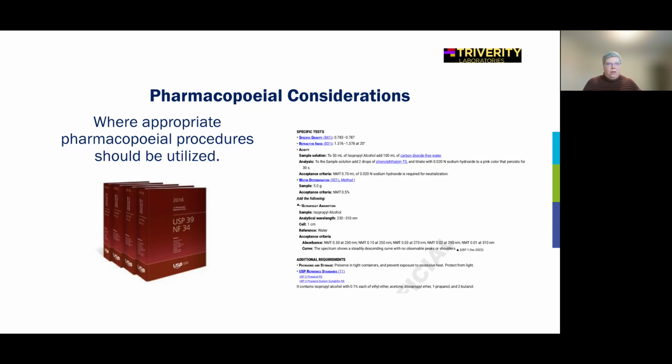As an example, if you have an API, it has a certain manufacturing process, so it's going to have a certain list of impurities. The starting material, the intermediates, maybe even the degradants could be different for that API than the API that you're purchasing that has a different process. So in that case, you need to look at those impurities and make sure they're similar to what you have from your manufacturer that you've developed.